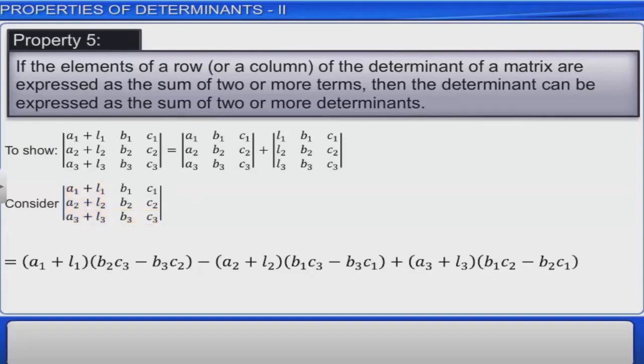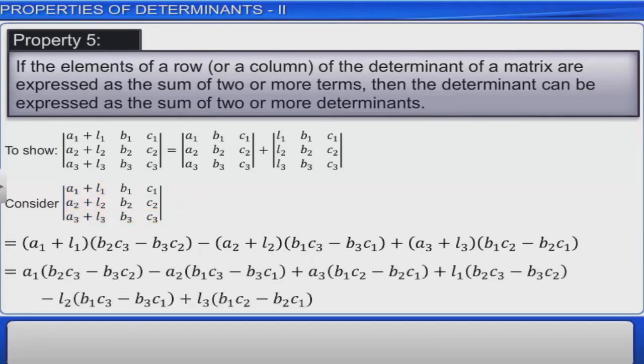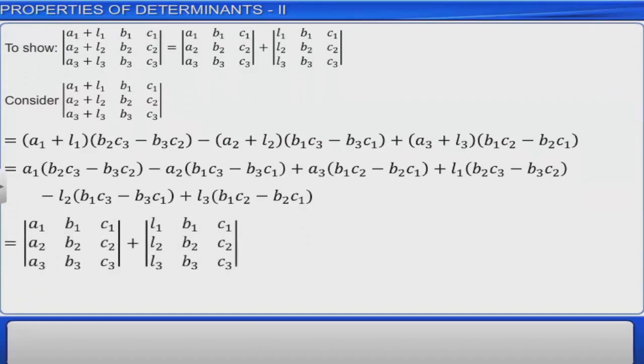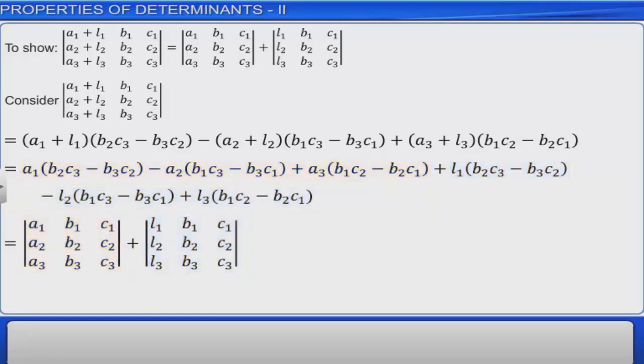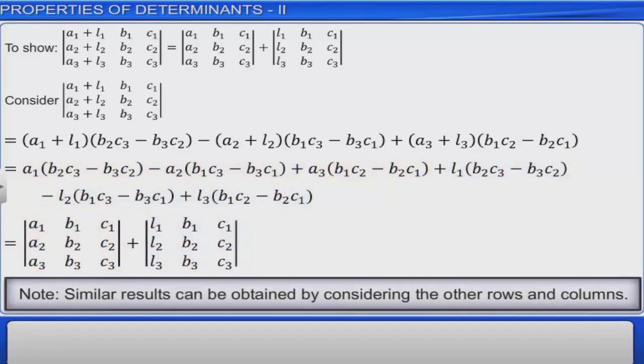On simplifying, it can be written as shown here. Observe that the first three terms are the expansion of the first determinant along the first column and the last three terms are the expansion of the second determinant along the first column. This is the required right-hand side. Note that similar results can be obtained by considering the other rows and columns.